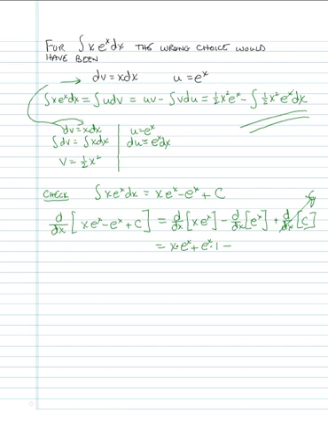And then we have minus the derivative of e to the x over here, and of course that's just e to the x. And then plus our 0 here at the end. And you notice that we really have e to the x minus e to the x, which is just 0. So the result is x e to the x, which is in fact our integrand, and so we've checked that we did do it correctly.